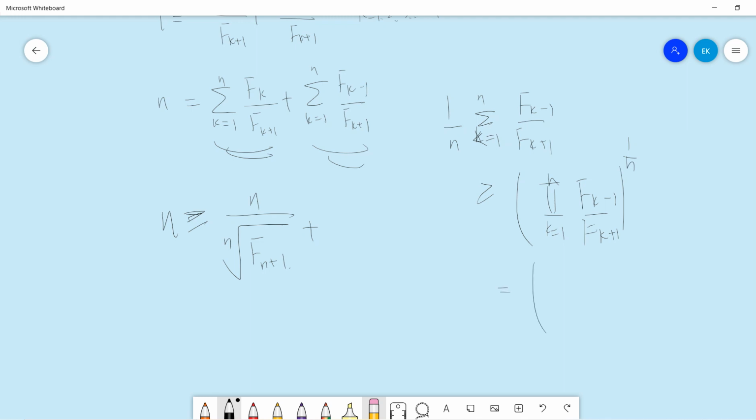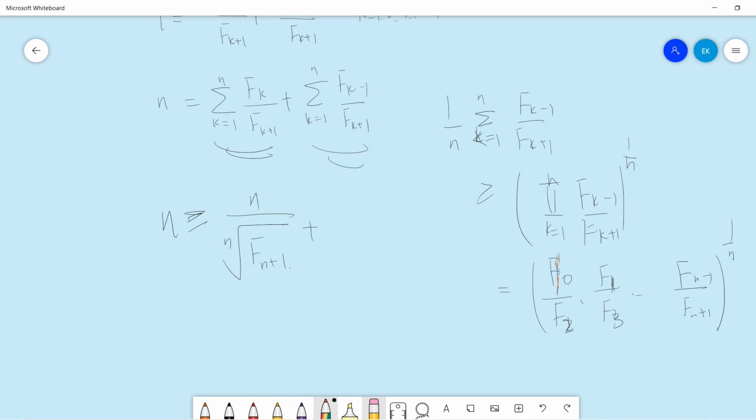So this term is f0 divided by f2, f1 divided by f3, up to f(n-1) divided by f(n+1), and f0 is 1. You see it still cancels, but it cancels alternately.